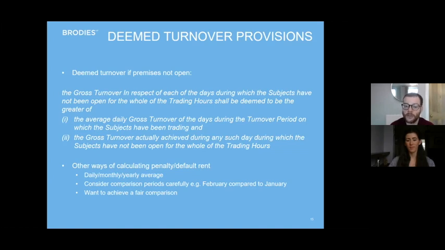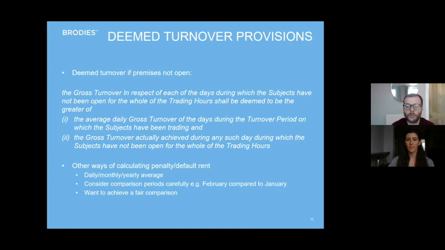Now this is slightly different from the slide we looked at the very beginning, which was what would happen if the shop was closed and there was no turnover, what rent would be payable there. And this, we're looking at how you calculate what the turnover would be if the shop was shut. So you can see in this example that if the shop's not open when it should be, then the deemed turnover will be the higher of the average daily gross turnover for a turnover period, or the actual turnover achieved during that day.